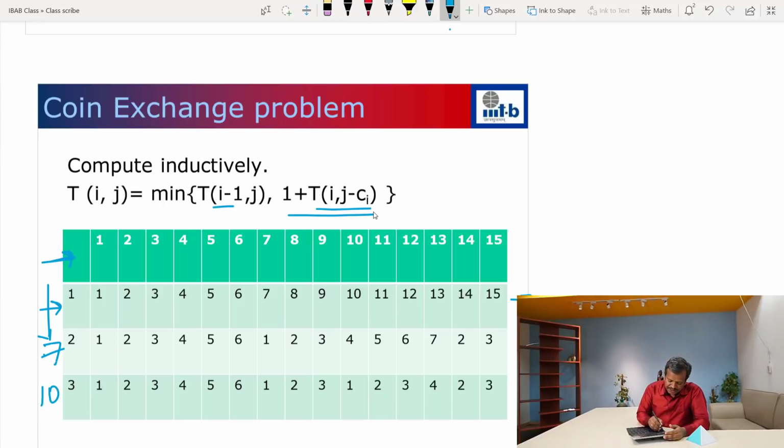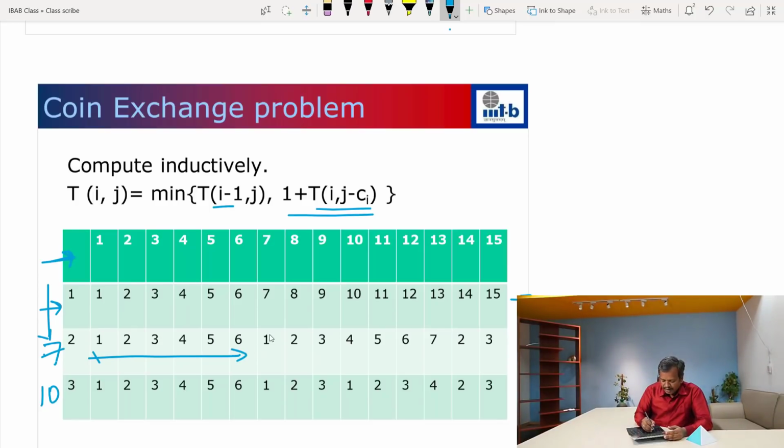So, with that condition, if the value of the coin is 7, then if I have to pay for 1 till 6, I can only use the first coin, I can't use the second coin. But the moment I have to pay for 7, this will be 1 plus, so you have to take the minimum of two things.